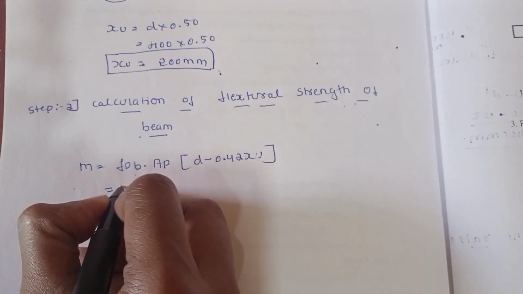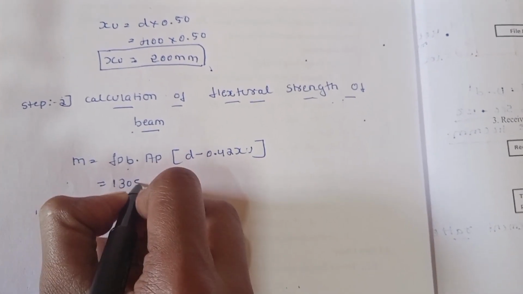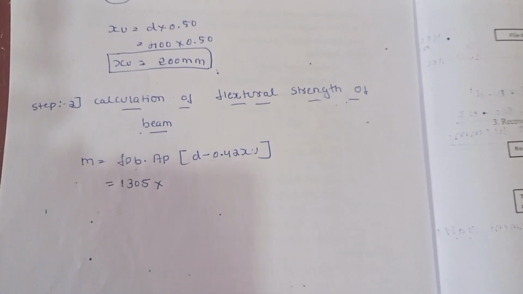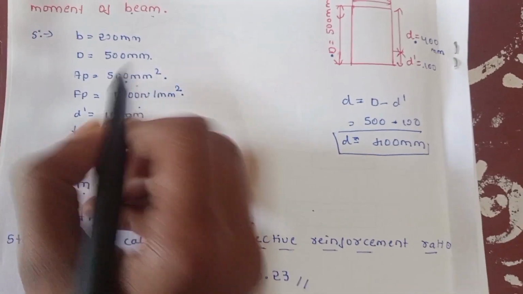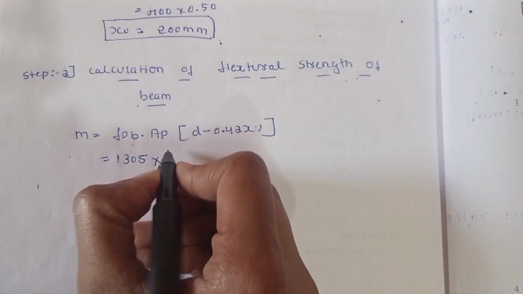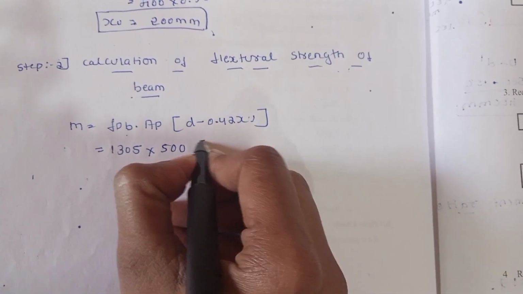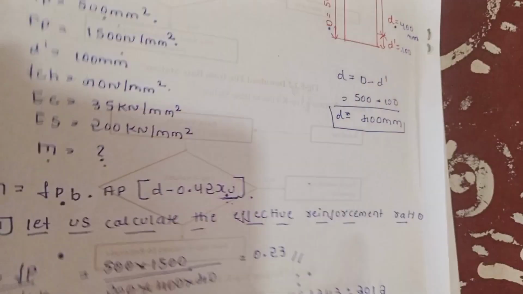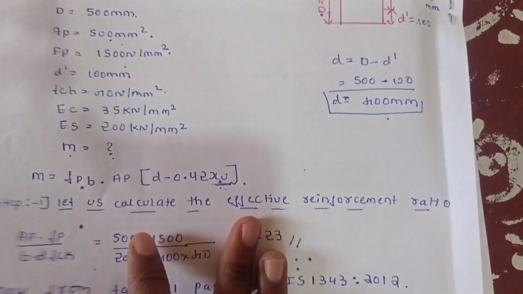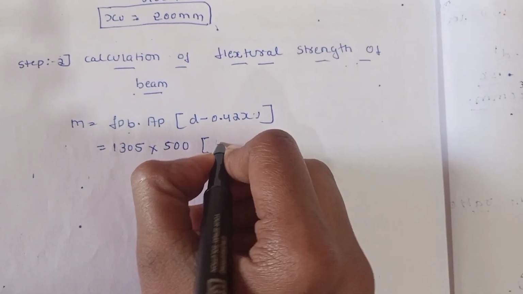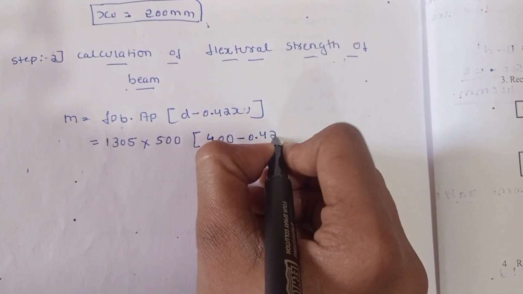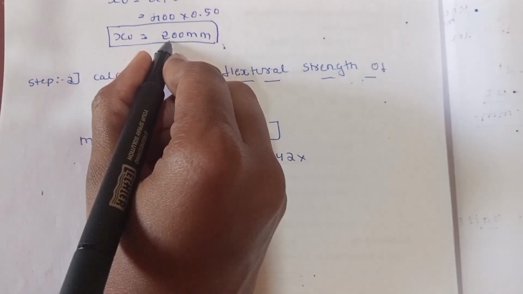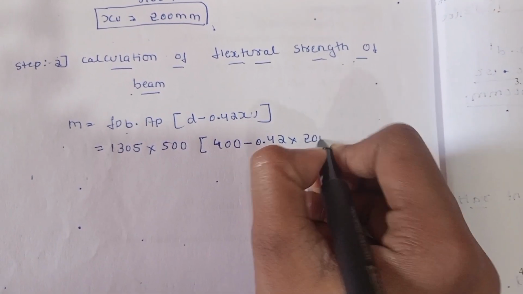The FPB value is 1305 into AP value given in the question, 500 mm square, into bracket open D as 400 mm, 400 minus 0.42 into XU as 200 mm.